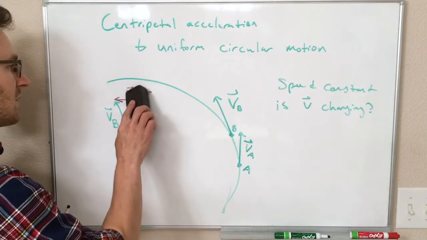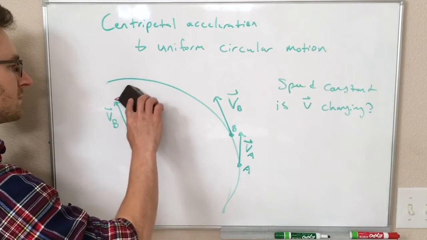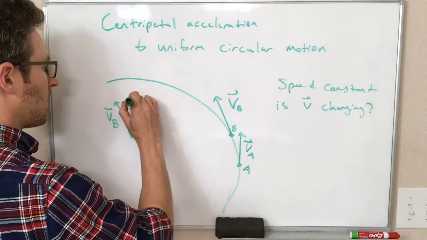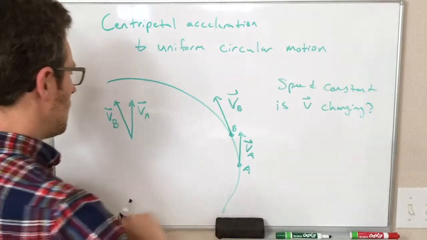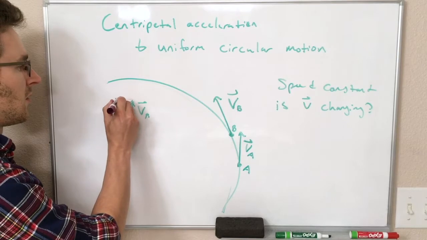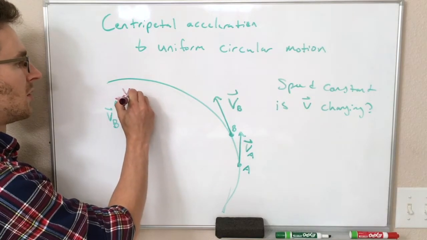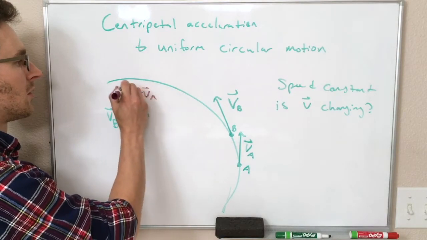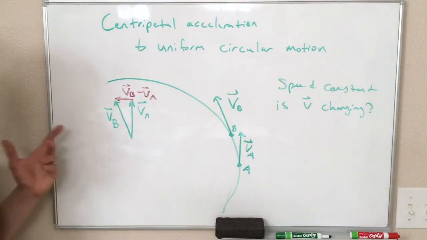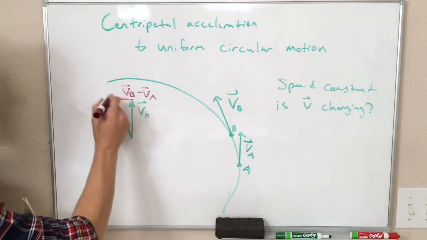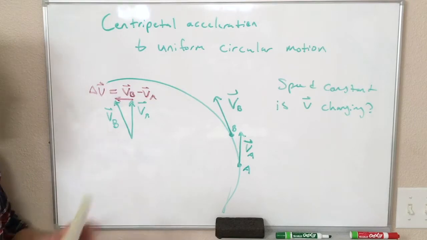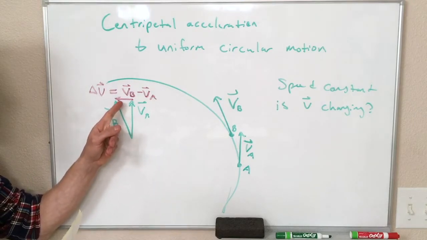That didn't take long to make a mistake. So we can draw a vector between them like this, and this vector is equal to VB minus VA. So what this means is that we have some delta V, right?